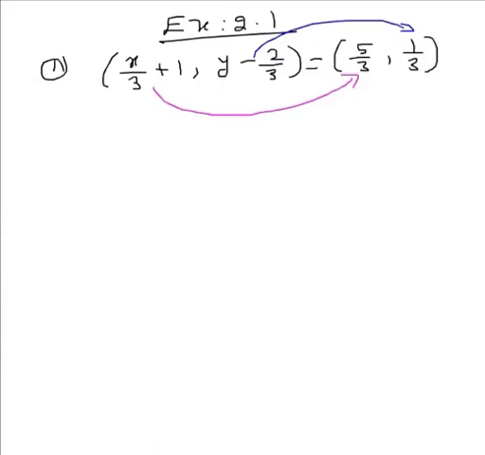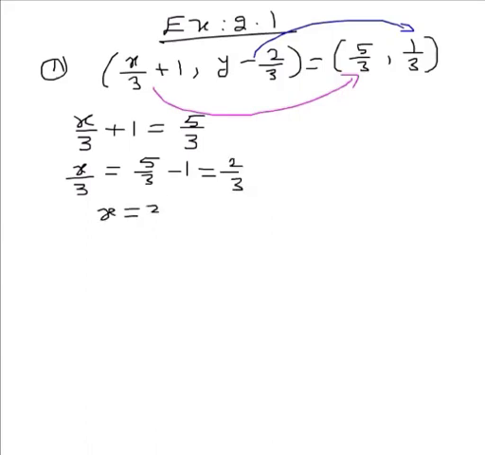So equate the corresponding elements. x/3 + 1 must be 5/3, from which we can find the value of x. x/3 is 5/3 minus 1, which is 2/3. So x is 2.